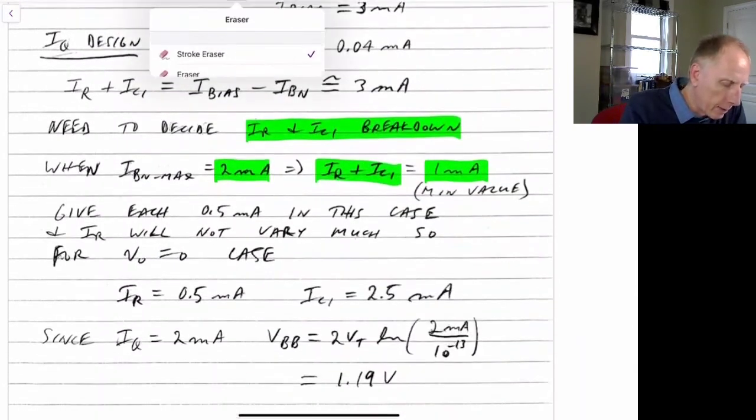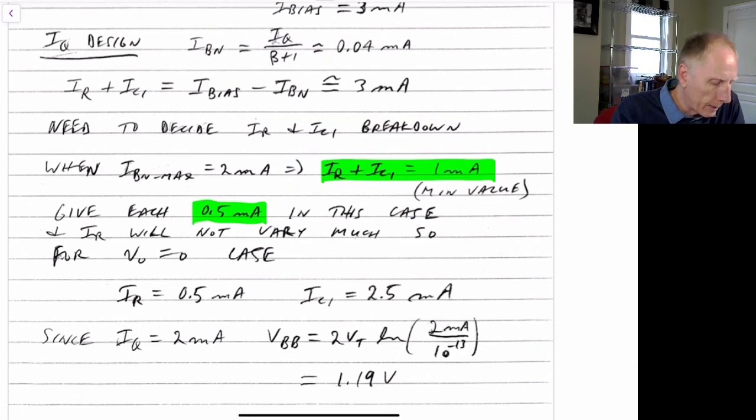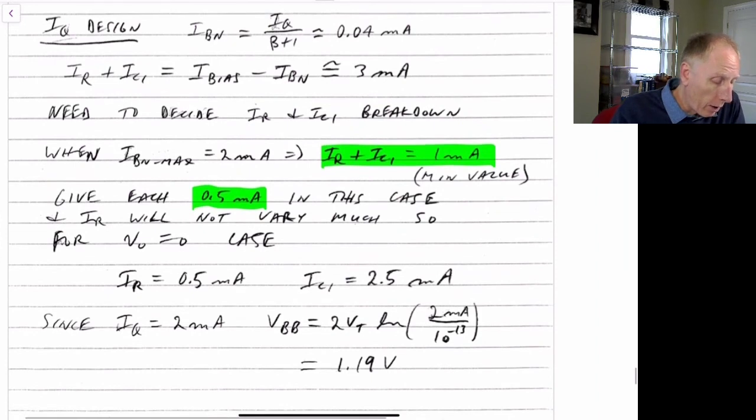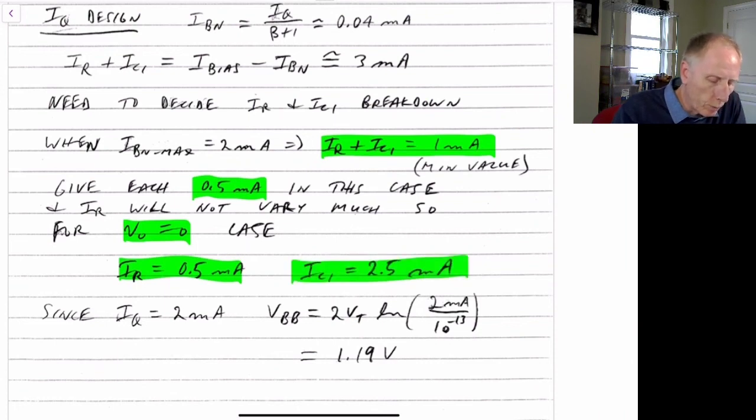So in this case, the minimum is going to be 1 milliamp through it. So let's make 0.5 milliamps in each case. That way, because our IR is not going to change very much, IC1 will increase or decrease appropriately. So in the Vout case then, IR will remain about 0.5, but IC1 will be 2.5.